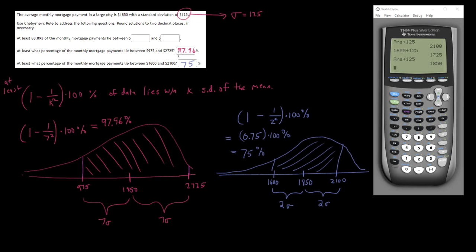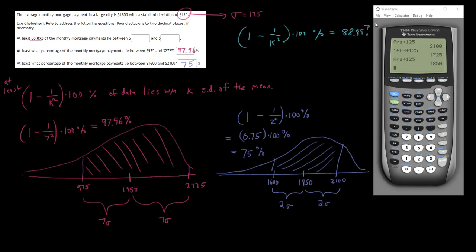So what should we do? Basically, we need to figure out what value of K gets you an 88.89%. That is, what value do you plug in to 1 minus 1 over K squared times 100%? What value do you plug in and you get 88.89?